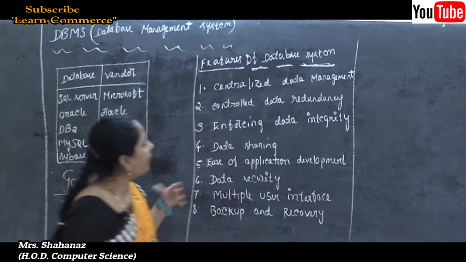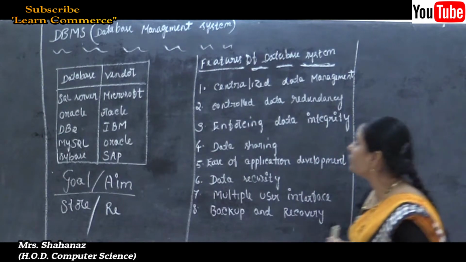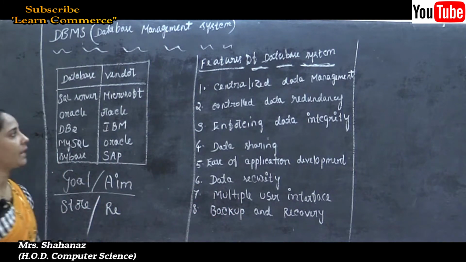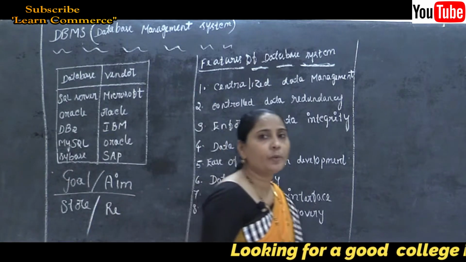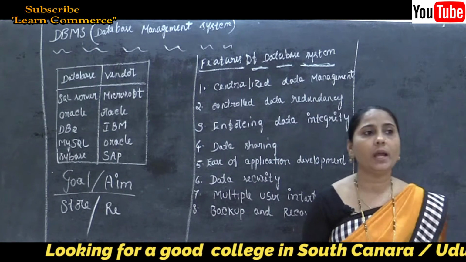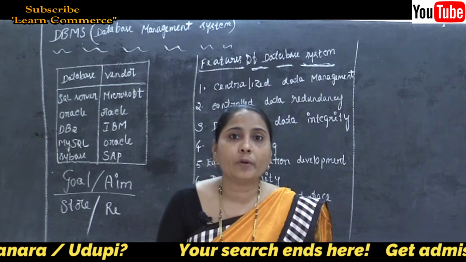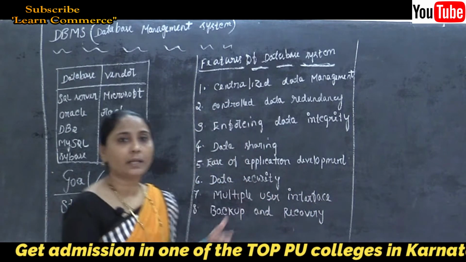Now the next thing is the features of the database system. So what are the features of the database system? Some important points we can take for the features of the database system. Before starting the features, let's see why we started to use database terms.